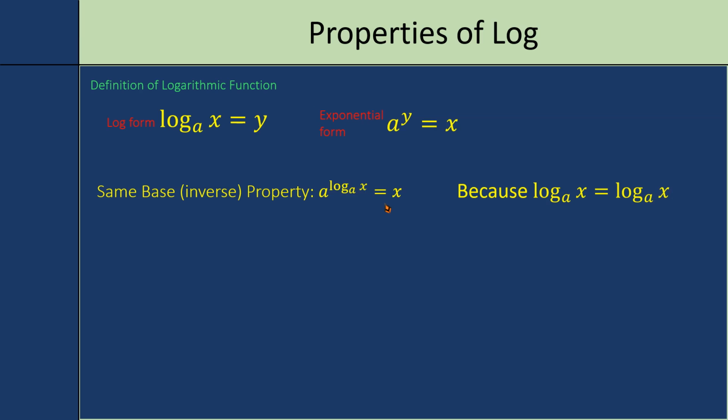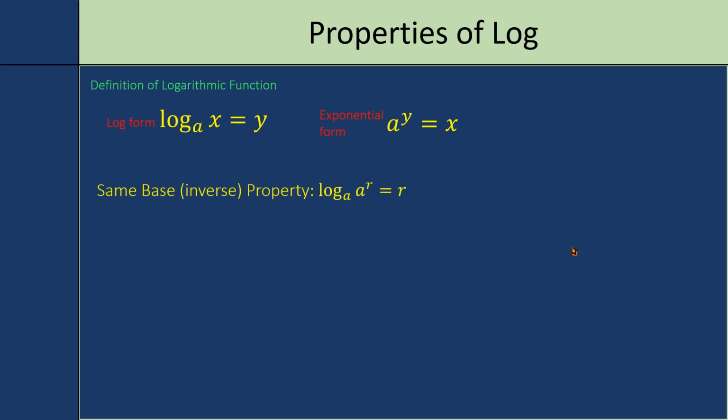Log base a of x is equal to log base a of x. So how do we use that? Well, 5 to the log base 5 of 13 has to be equal to 13. Just use the formula. If it looks like it could be used from what other properties, we use it. 144.5 raised to the log base 144.5 of 87 has to be equal to 87.